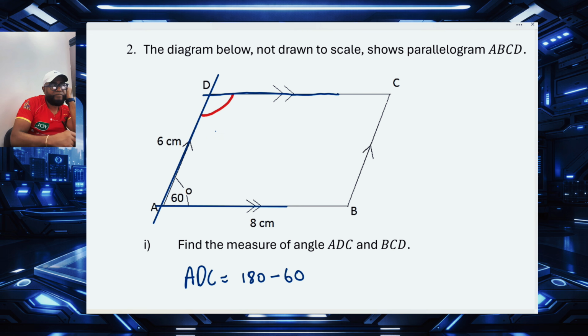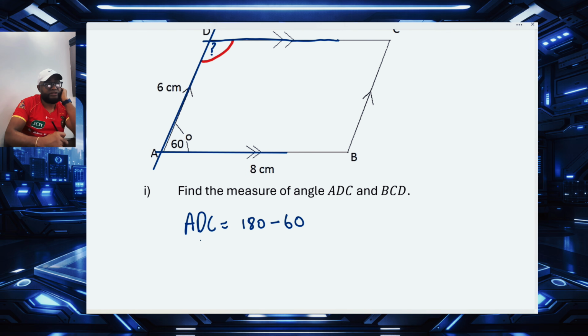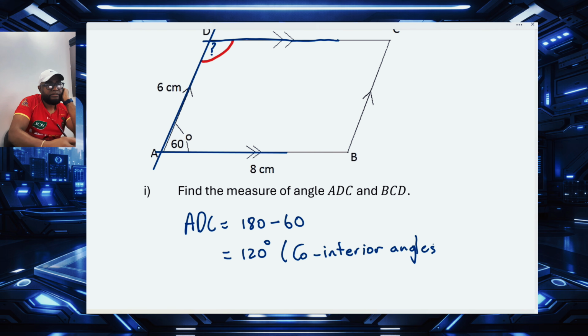So if you have your pair of parallel lines and a transversal, and you want this angle here, given this angle here, you do 180 minus 60, co-interior angles add up to 180 degrees. So this will be equal to 120 degrees. Co-interior angles. Alright? Okay?